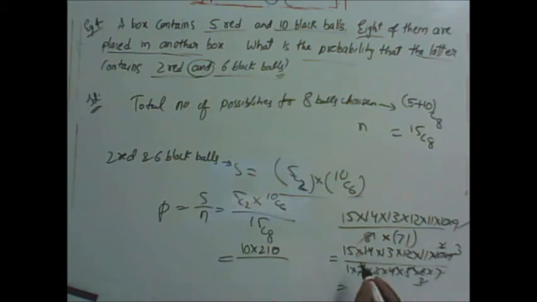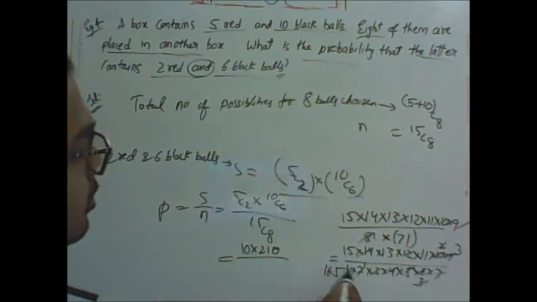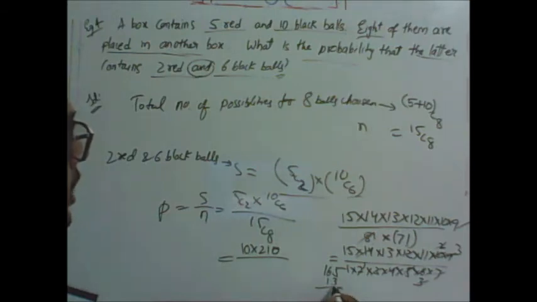So 15 into 11 is 165, into 13, which gives 2145.